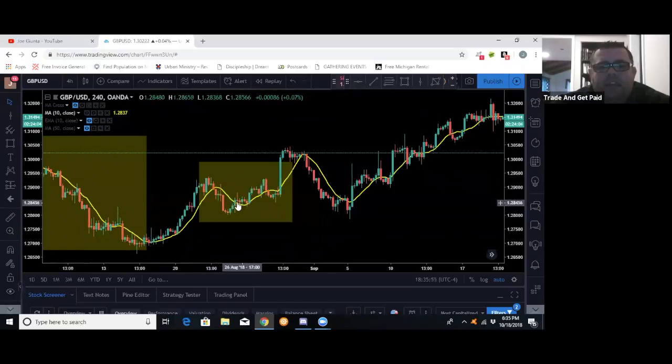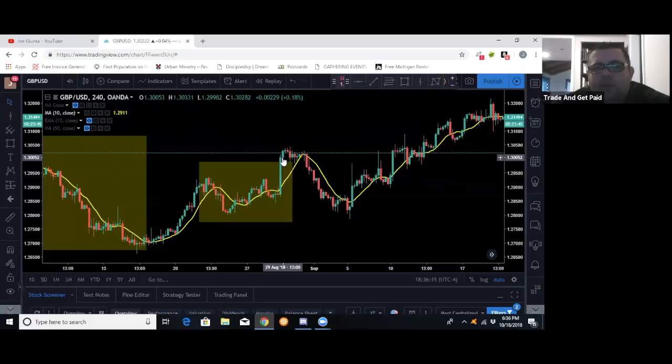You see here, on this particular case, it was beautiful because it bounced right off of our simple moving average and went up, retested, went up. However, notice here, this move starts going up, and really we generally wait for a new candle, but we don't like to get in mid candle.